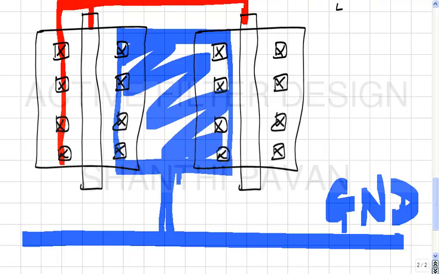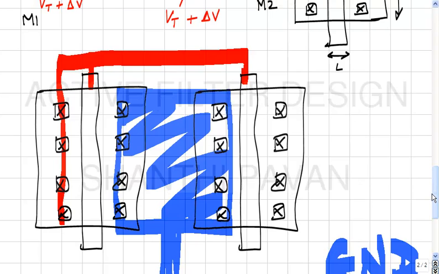Please note that the red and blue are all metal layers, okay, which serve to connect different terminals of the transistor together. Okay, and which is the output current?